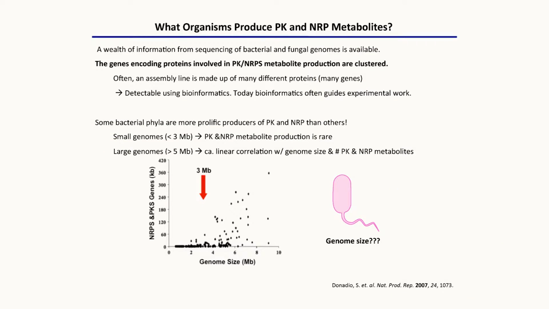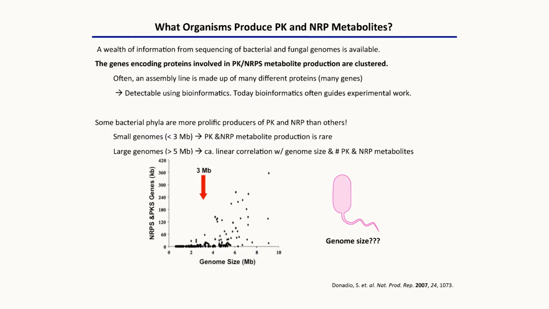So what organisms produce these molecules? Largely bacteria and fungi. There are some correlations I'll point out related to genome size and the number of metabolites being made. Bioinformatics guides a lot of current studies of the biosynthesis of these types of molecules.